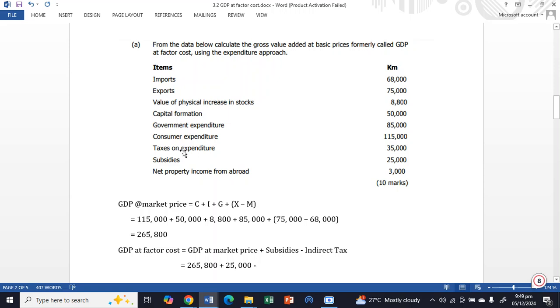Sales taxes, value added tax, those are the taxes here. So minus 35,000.